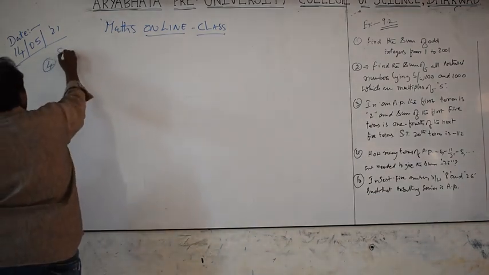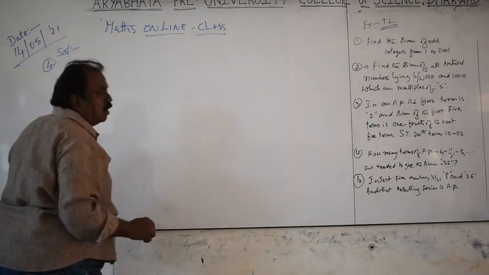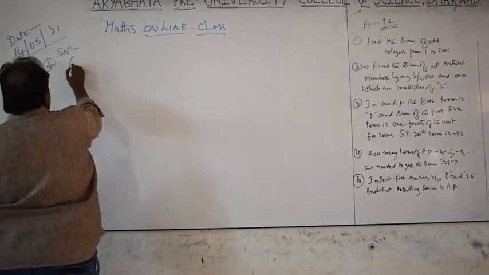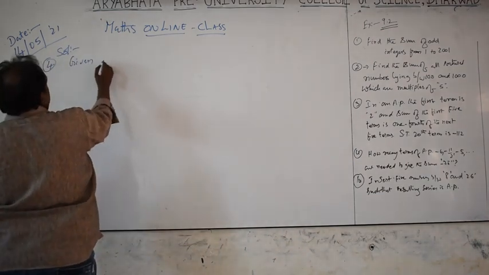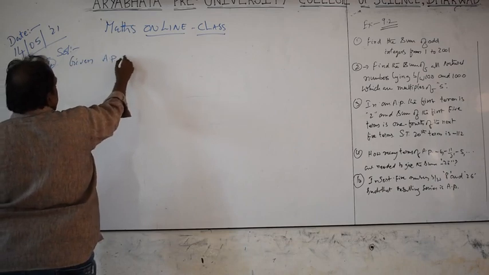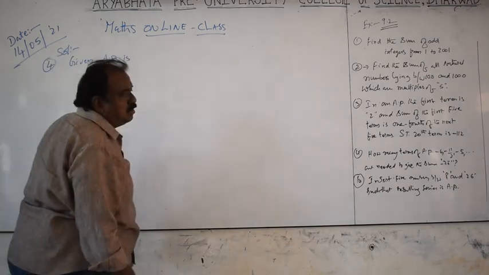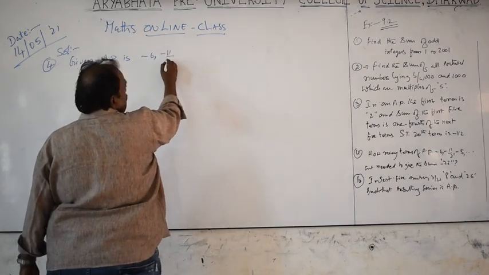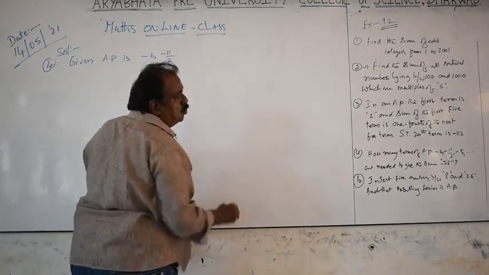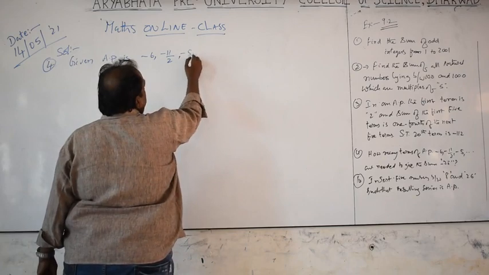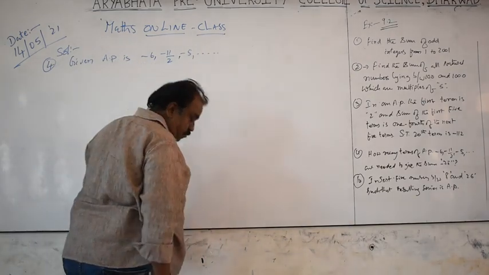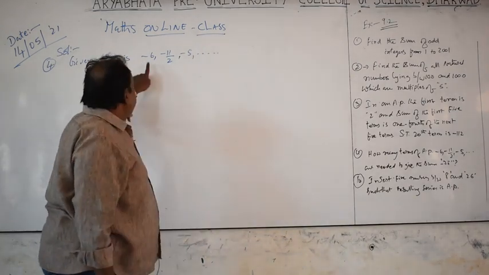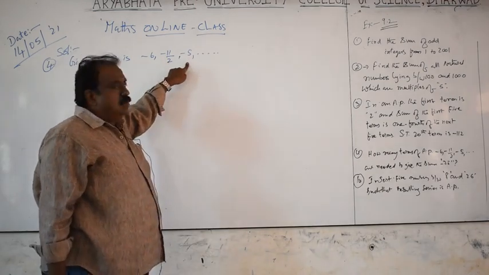Solution. The given AP is minus 6, minus 11 by 2, minus 5 and so on. First term, second term, third term and going on.